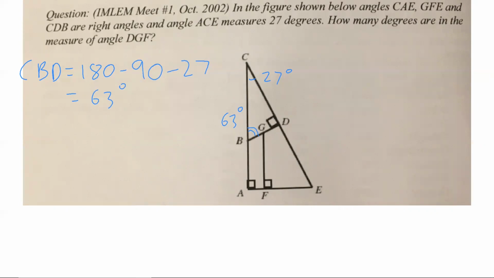There are a couple ways you can do this problem. I'm actually going to go through a few ways because we have time. So here's one of the ways. We see that we have a quadrilateral here, which means that all four angles add up to 360 degrees, which you should probably memorize.